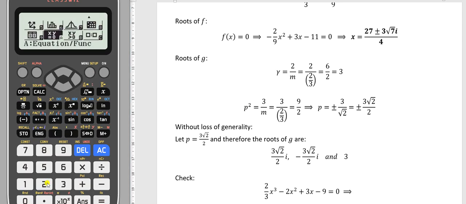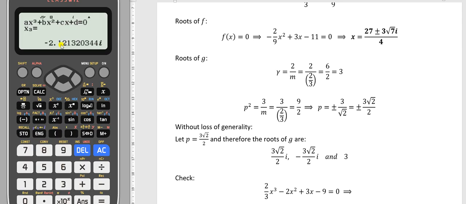So menu option A, polynomial degree 3, we can put in 2/3, minus 2, 3, and minus 9, and check that we get 3 for our real solution, this weird number, and its conjugate, 2.12 and minus 2.12.